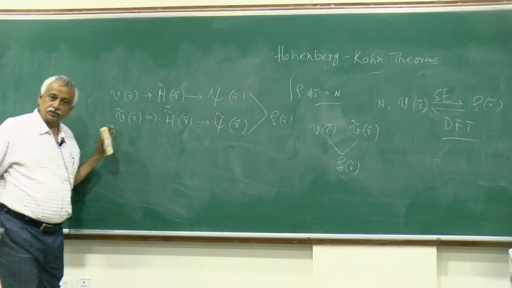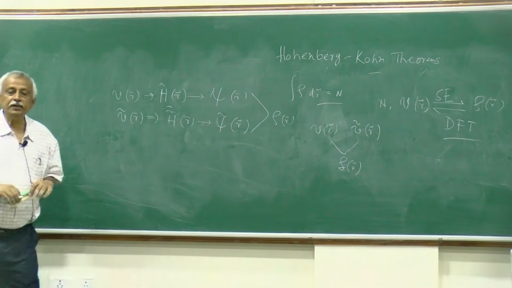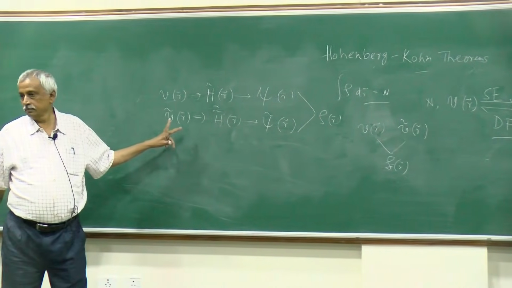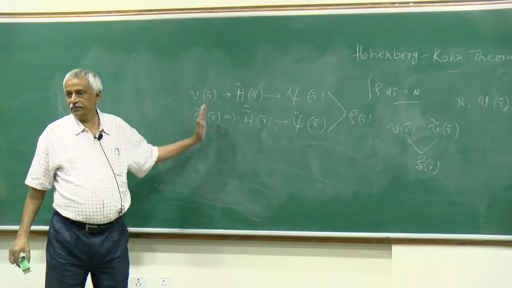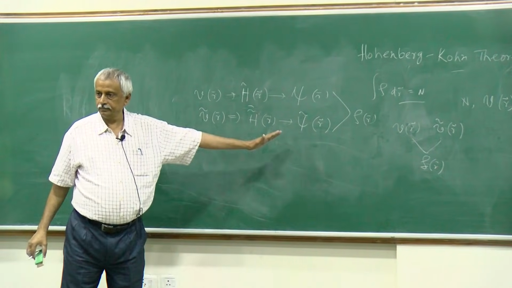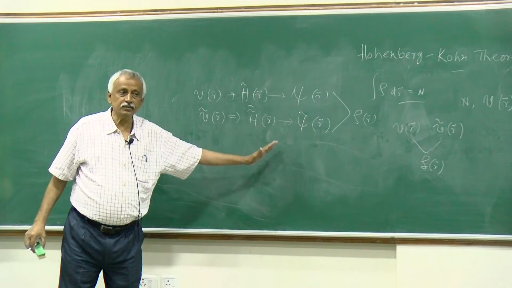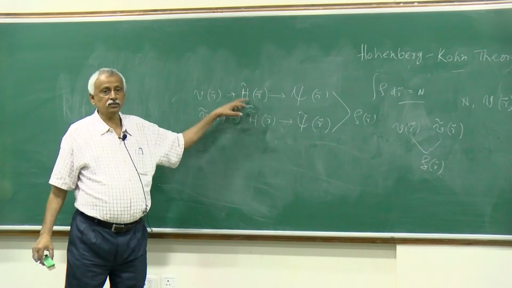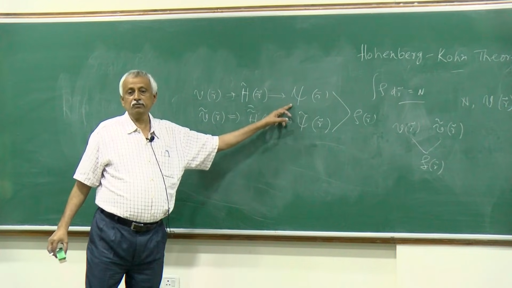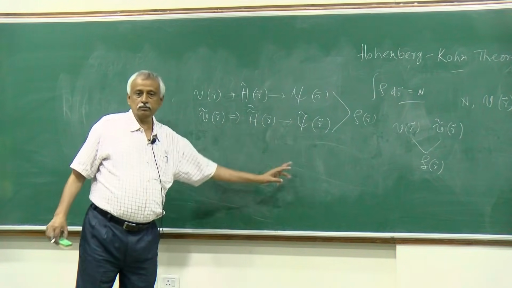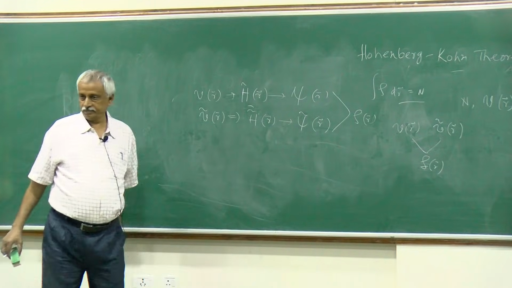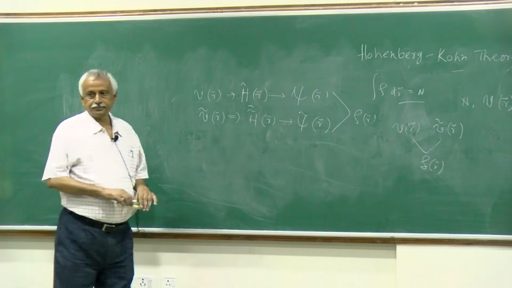That is my supposition: that two different external potentials differing by more than a constant can give the same density. Can give the same density means if I construct the Hamiltonian, then solve the equation, get the wave function, and define the density out of it, you will get it. Okay.